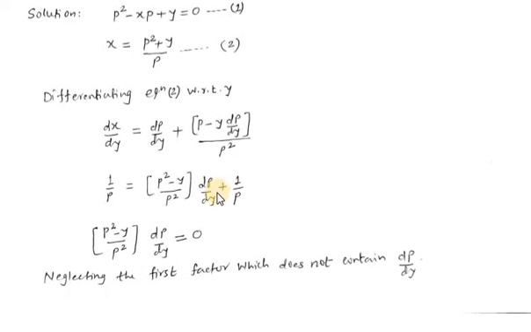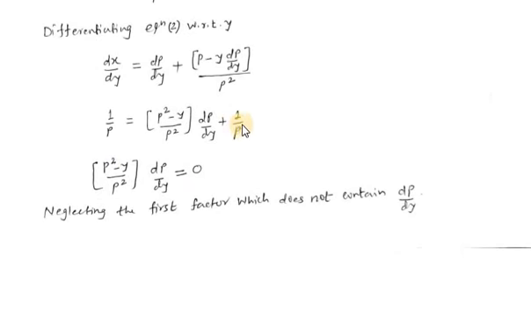Now taking dp by dy common and p square LCM, so after simplification we will be having this term (p square minus y) over p square into dp by dy, and this plus 1 over p will be as it is.